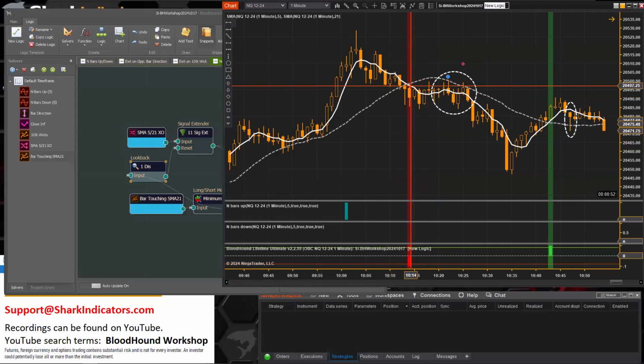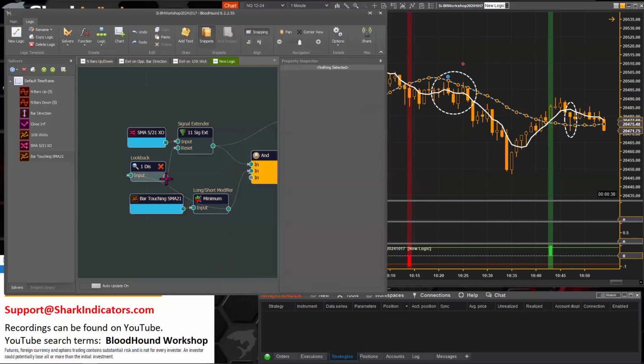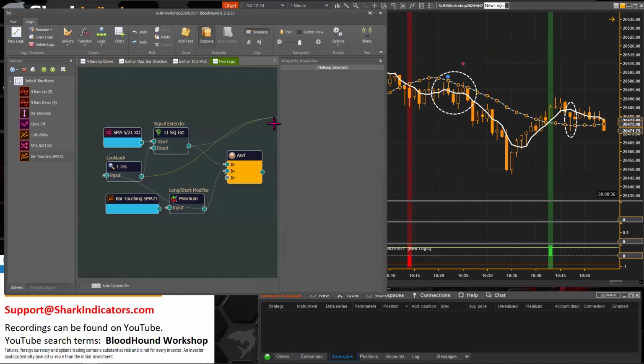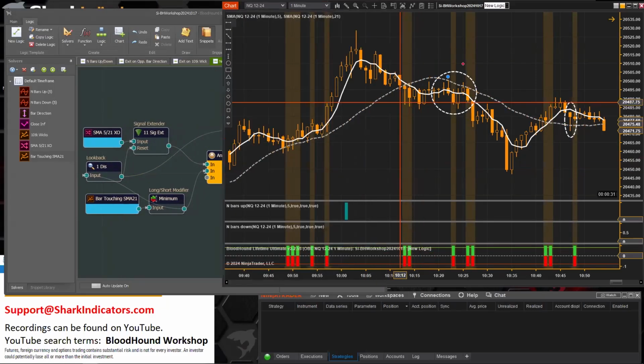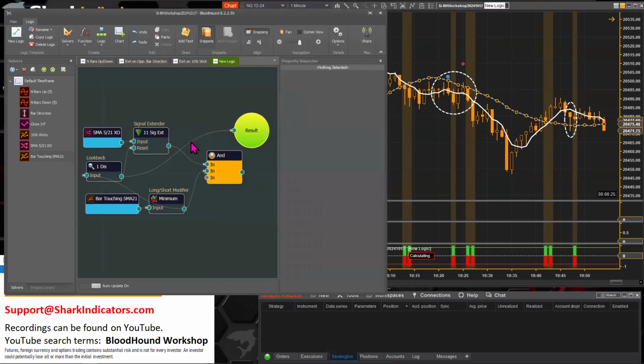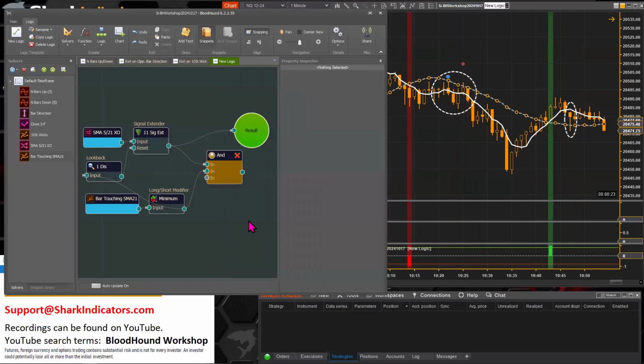So when our moving averages are crossing, we're going to have bars touching probably both moving averages, you know, if not the slower one. Yeah, so if we look at this, we have 2 bars here touching the slow moving average, and so that is turning off our signal extender immediately. Let's see here.